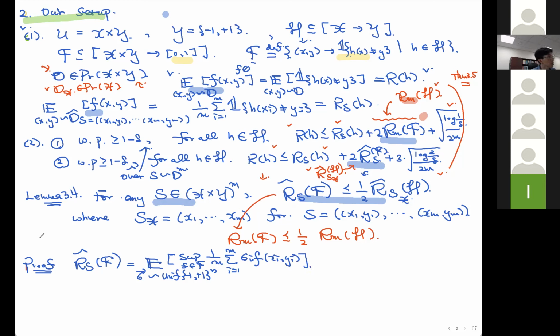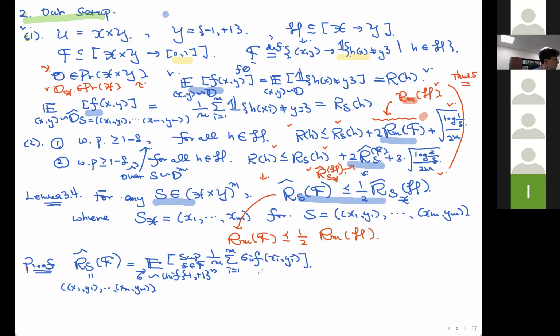That's just the definition, and here using the convention that S is (x_1, y_1), and so on up to (x_m, y_m).